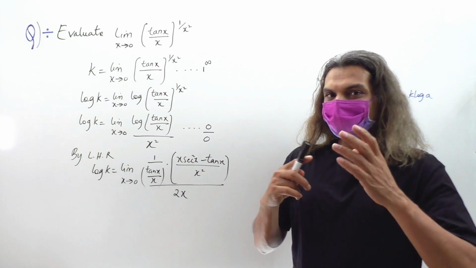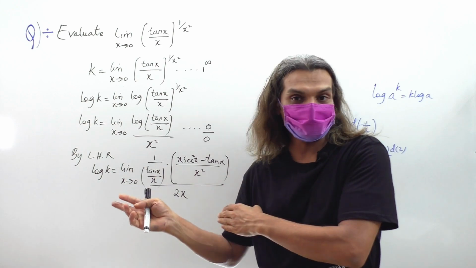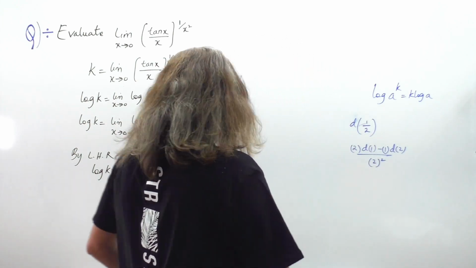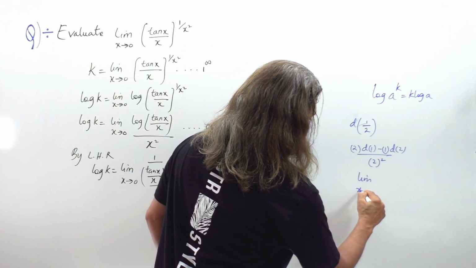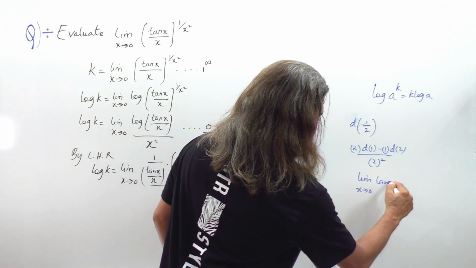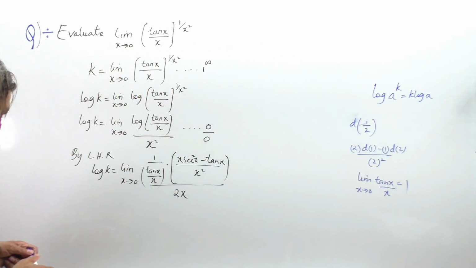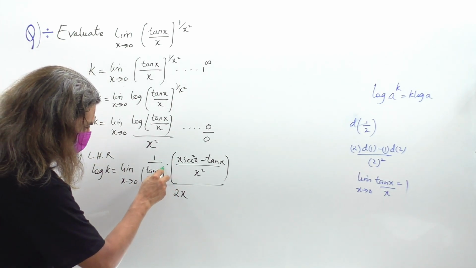Now, what will we do next? See, I am getting the formula tan x by x, which we discussed in the previous video: limit as x tends to 0, tan x by x is equal to 1. So we apply the limit here, then this will become 1.